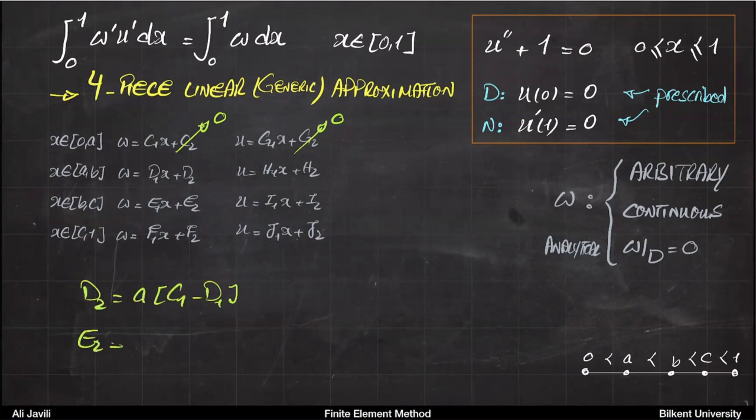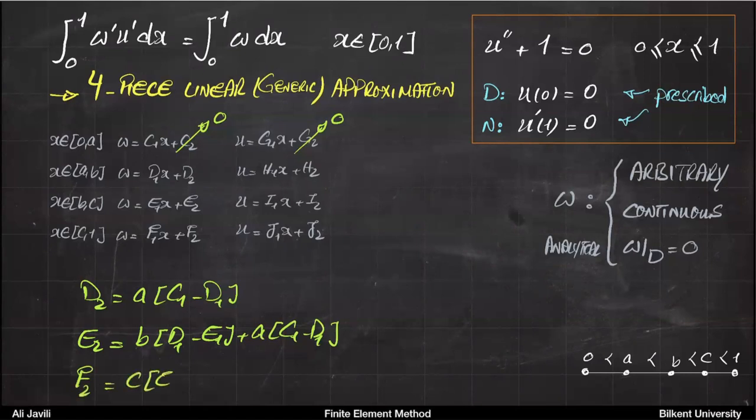E2 equals B D1 minus E1 plus A C1 minus D1. F2 equals C E1 minus F1 plus B D1.